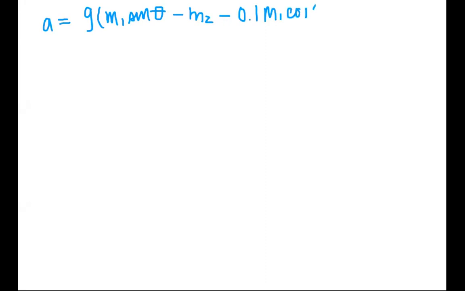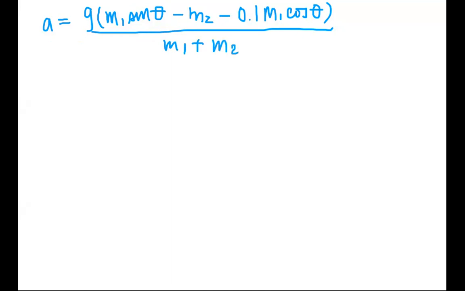Okay, so our equation that we just calculated was that the acceleration is equal to g times m1 sine theta minus m2 minus 0.1 times m1 cosine theta over m1 plus m2.